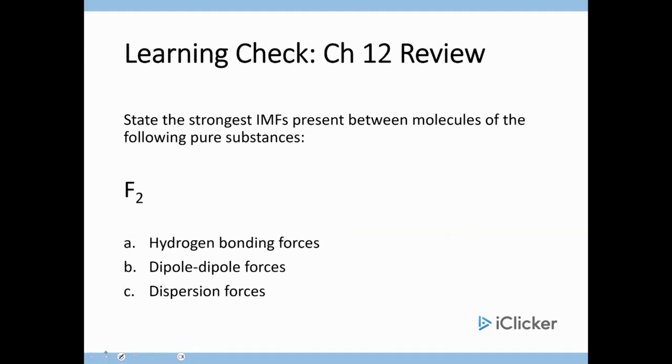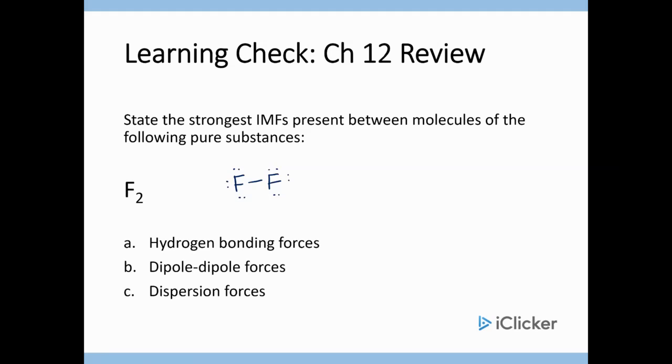In the next example, we have F2. So you all should be able to draw these Lewis structures at this point as well. But here's the F2 Lewis structure. 2 fluorine atoms, each with equal electronegativities. There's no polarity in this. Well, for one, we don't have a hydrogen, so it can't have hydrogen bonding forces.